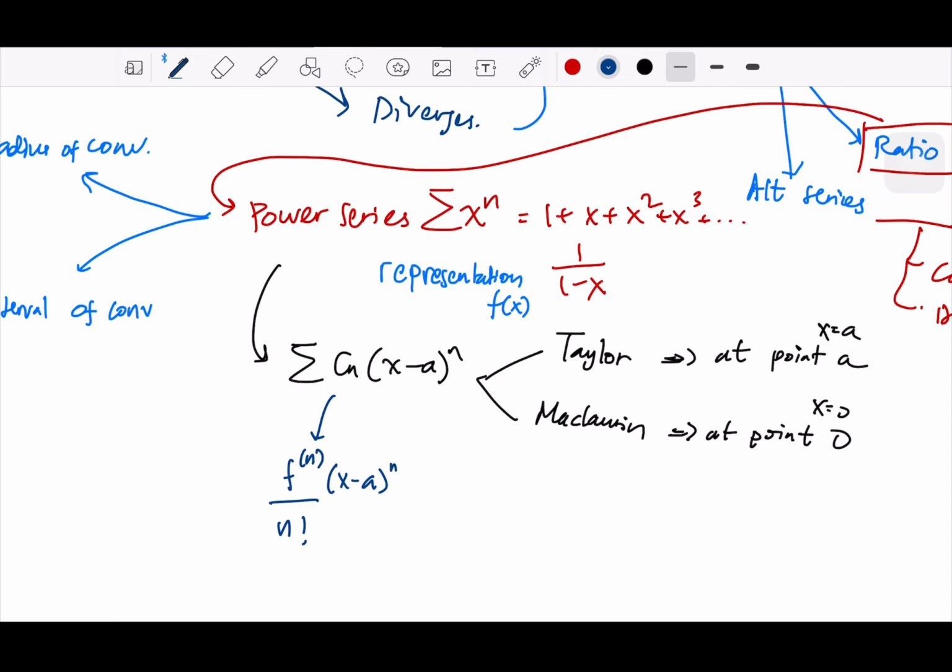Perhaps to understand more clearly how this Taylor-Maclaurin will be written, before you start doing the exercise or practice on Taylor and Maclaurin, maybe the first thing you can do is take some easy functions like sine x or cos x or e to the x, and then try to develop them.